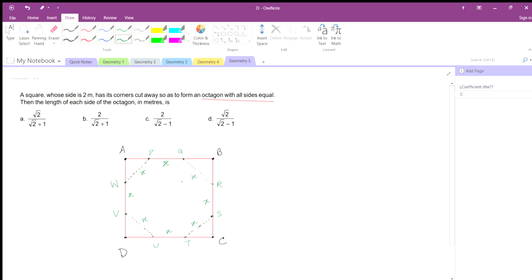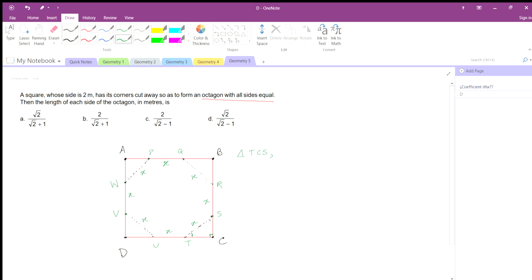Now just consider the triangle TCS. Just look at this triangle. Since this is a square, this angle will be 90 degree, right? Can you find this angle?